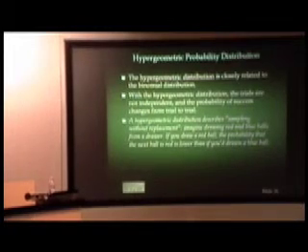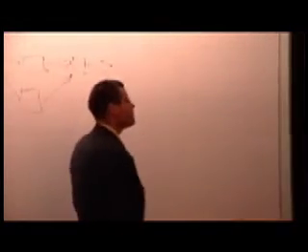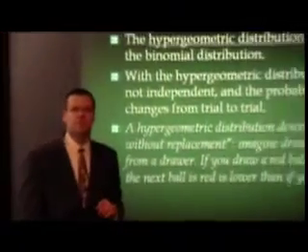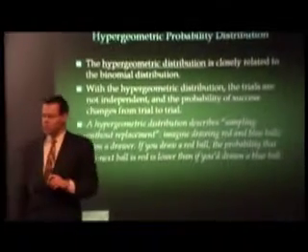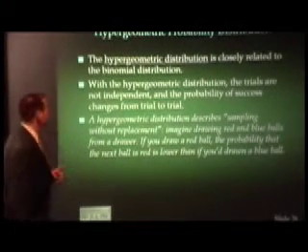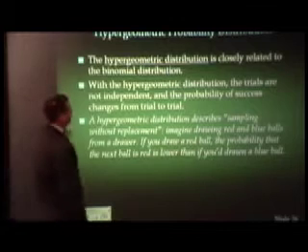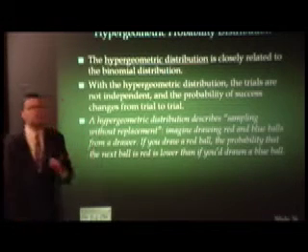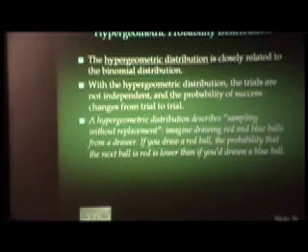Okay. The last probability distribution we're going to look at today is the hypergeometric. You've actually seen something that was hypergeometrically distributed when we looked at poker, but we waited with it until now because it's so closely related to the binomial distribution.